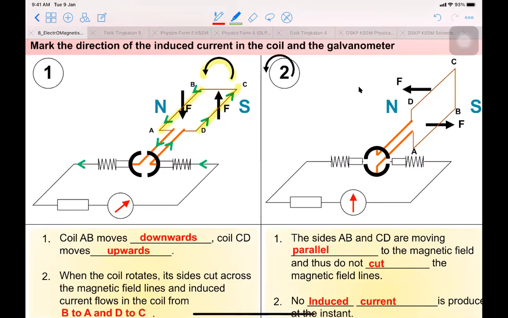Now, how do we determine itu dia punya rotation itu clockwise ataupun anti-clockwise? How do we determine dia punya direction of rotation itu? By using what rule?